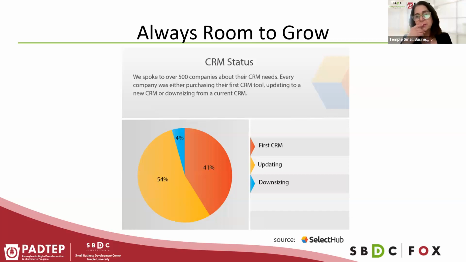And remember, there's always room to grow. So when you're looking at one of these systems, and let's say you start off with Zoho or HubSpot and they're free, check to see if you want to grow with that company, with that CRM system, and what it's going to cost you in the future.